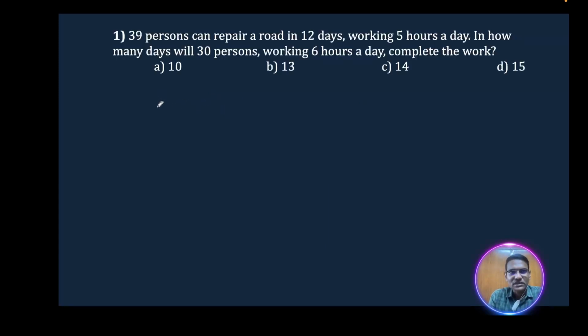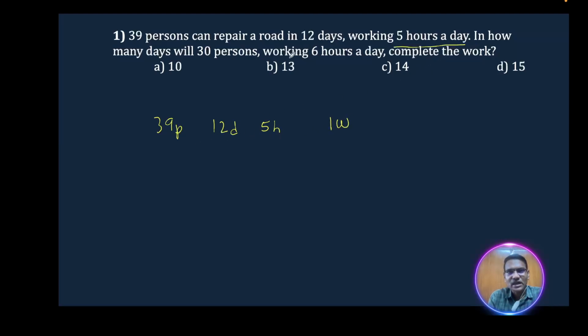Here the question is: 39 persons can repair a road in 12 days, working 5 hours a day. Repairing a road, I consider as 1 unit of the work.